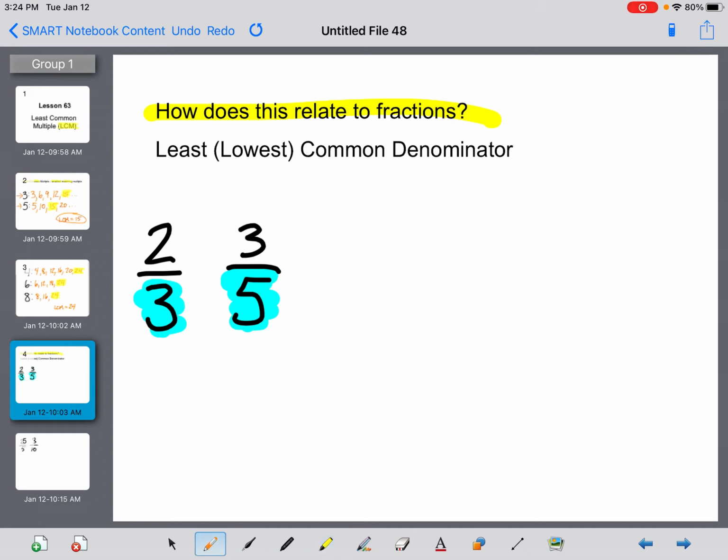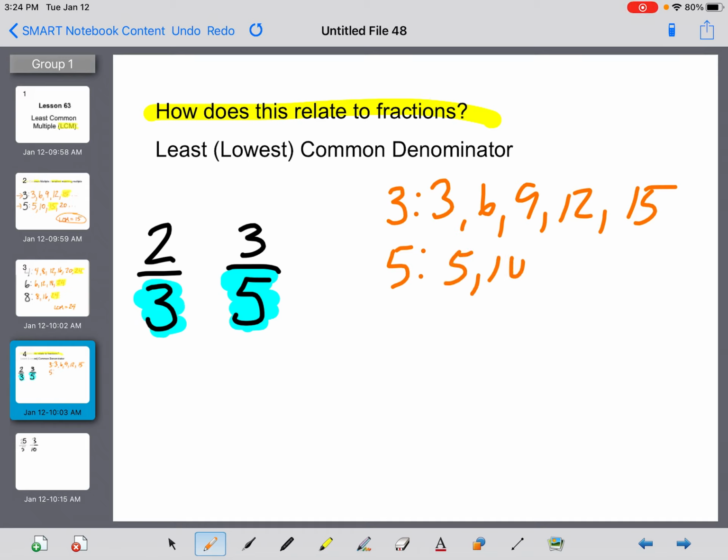And here's how you do that. You do that by setting up your list of multiples for the least common multiple. We already did this on the other page, but I will just quickly do it. 3, 6, 9, 12, 15, 5, 10, 15, our LCM, as we saw earlier, was 15.